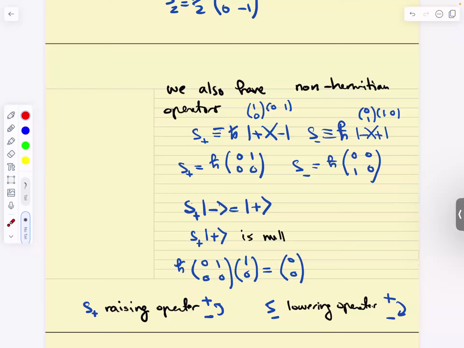How does it act on the plus h bar over 2 eigenvector? I just have to do a matrix multiplication by 1, 0. I get 0, 0, so this is null. Sometimes we say in physics that it kills this state. When an operator acts on a vector and gives you 0, we say it kills that state.